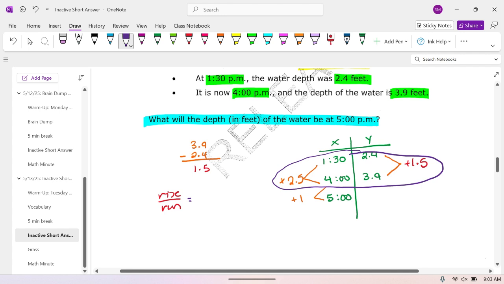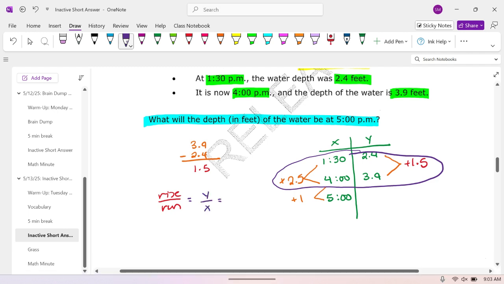Which value typically represents rise? Think about the coordinate plane. Rise means you're going up or down. So which axis is vertical? The y. So my rise is y. So we have y over x.